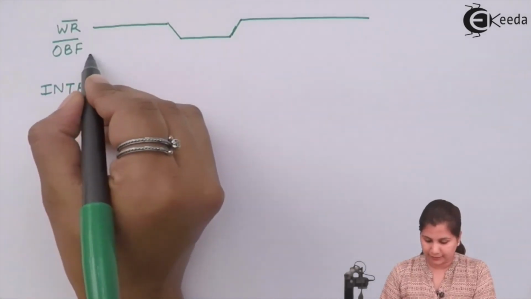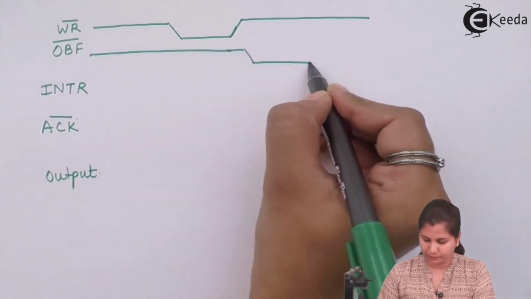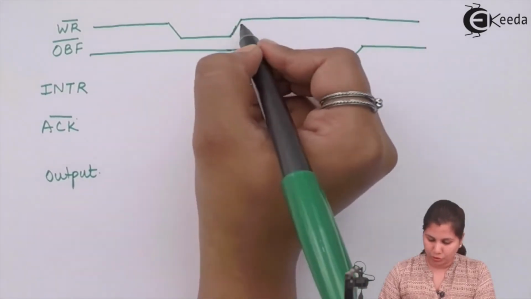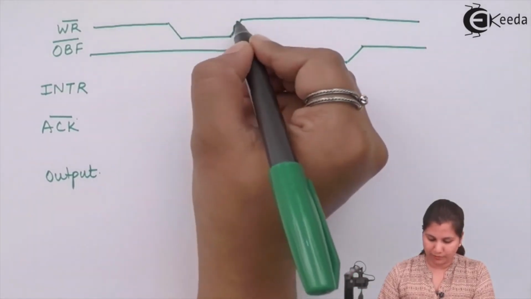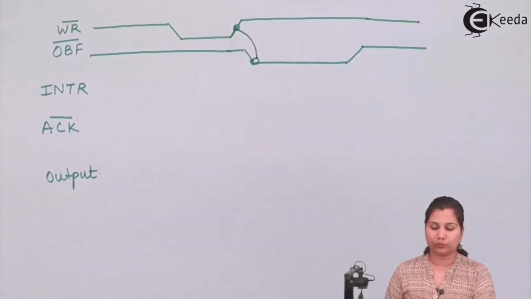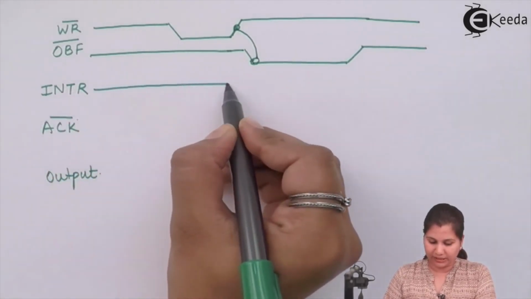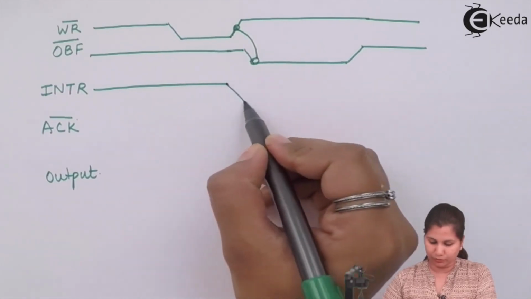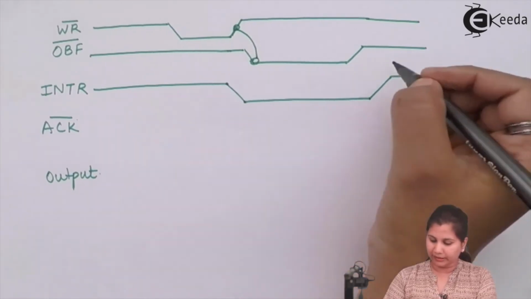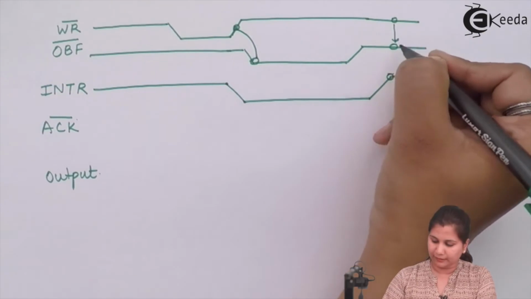Initially it will be high, then it will go low, and then again it will become high. So with the rising edge of WR bar, the output buffer full will go low. Okay. Then we have interrupt request. Initially it is high, then it will go low, and again it is high when all these are high.